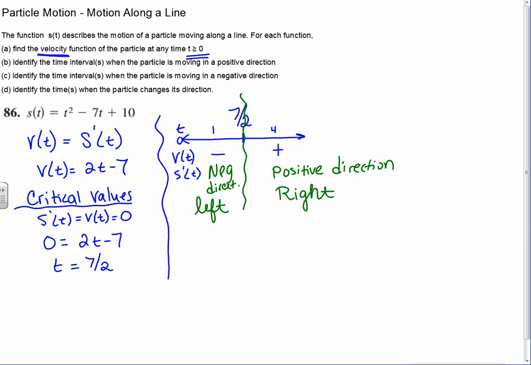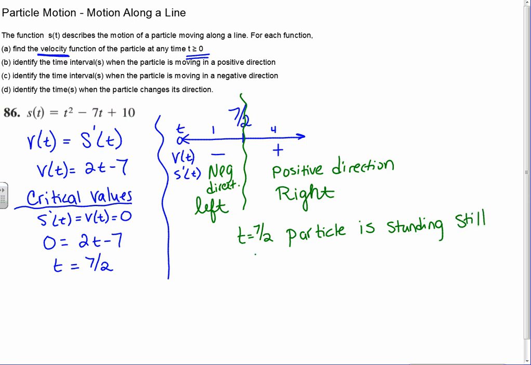What's happening right at 7/2? At t equals 7/2, our particle is standing still for a temporary moment, right?